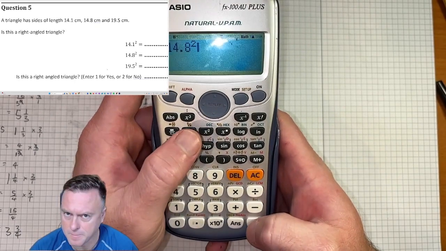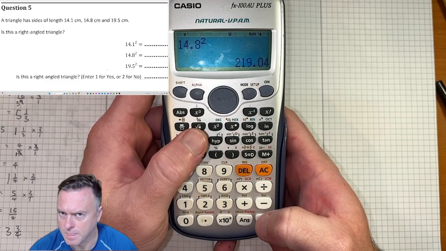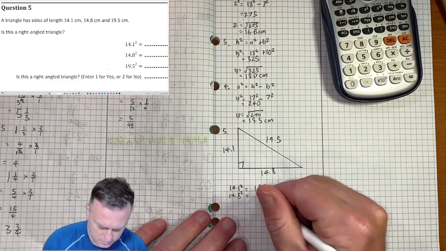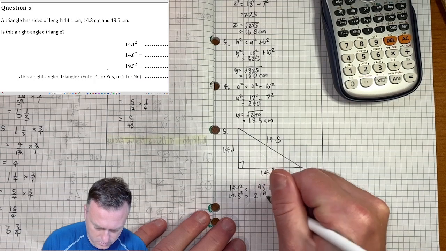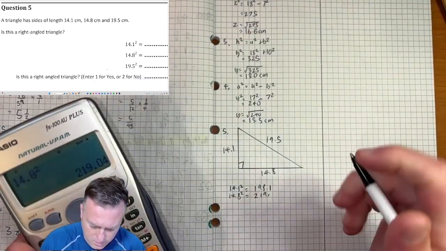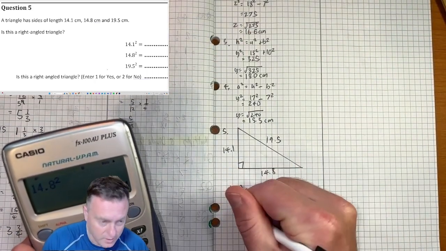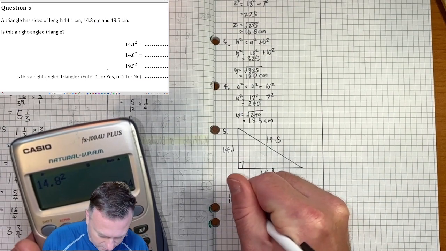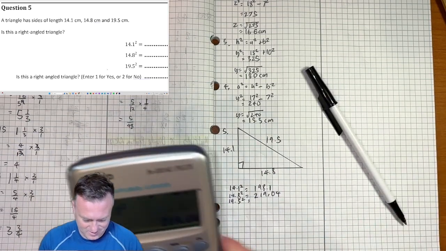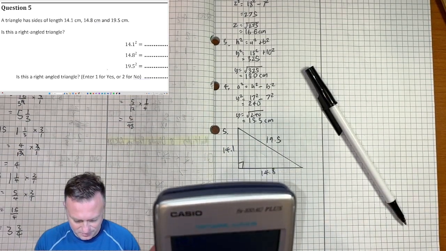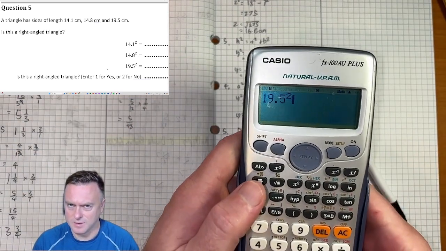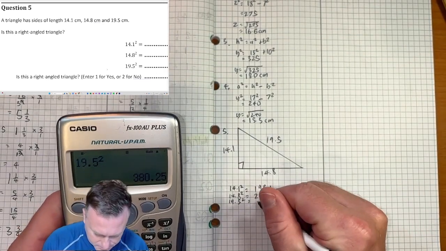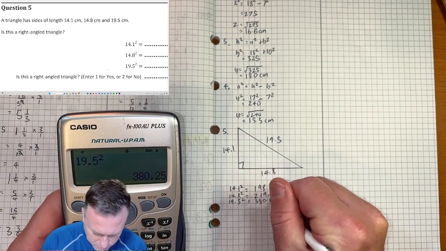And that gives us 219.04. And now lastly we're going to go 19.5 squared. And then we get 380.25.